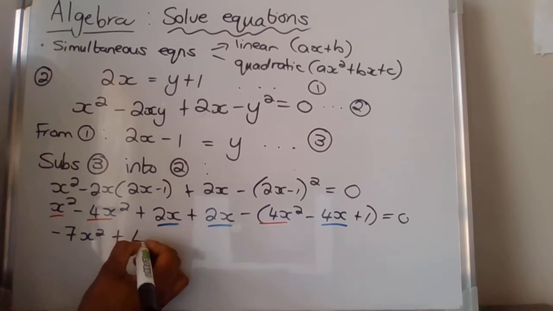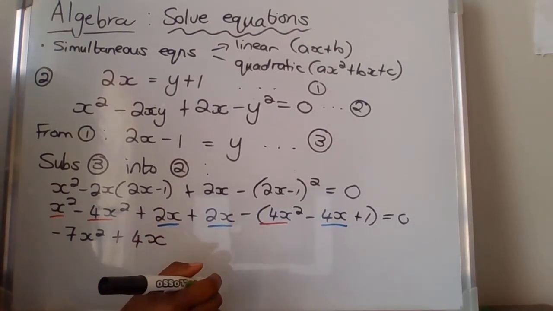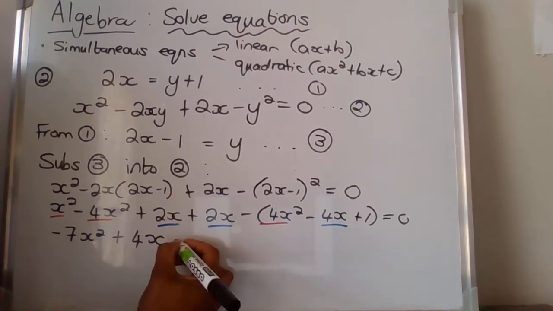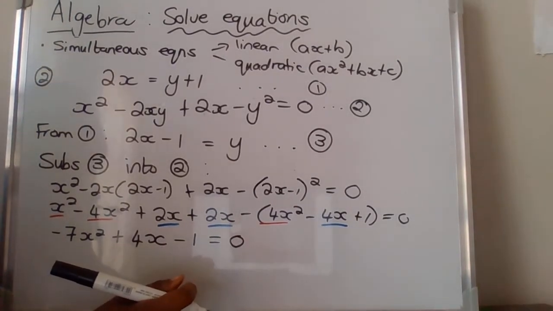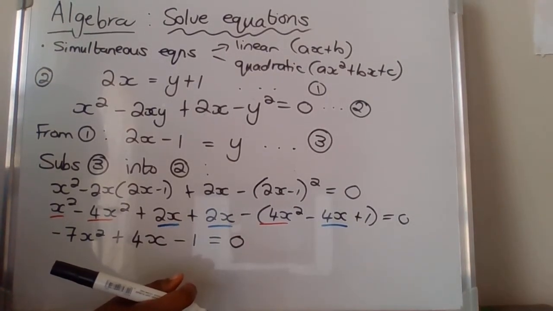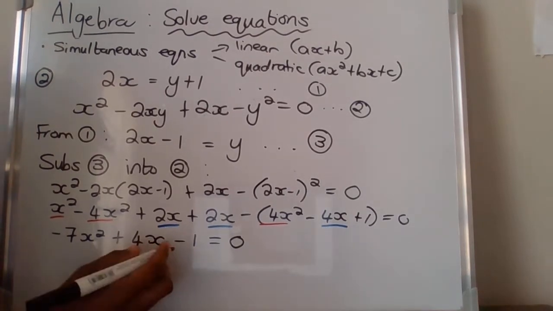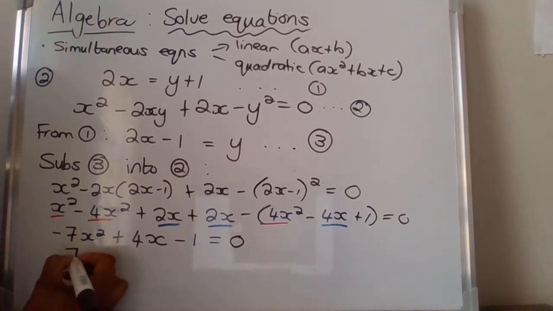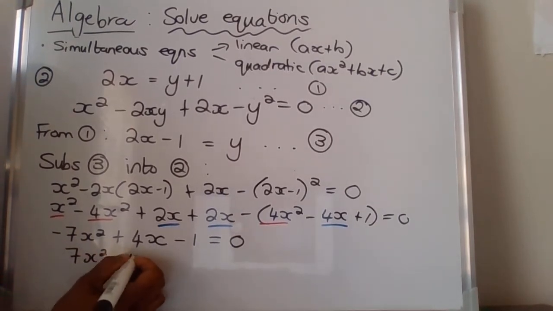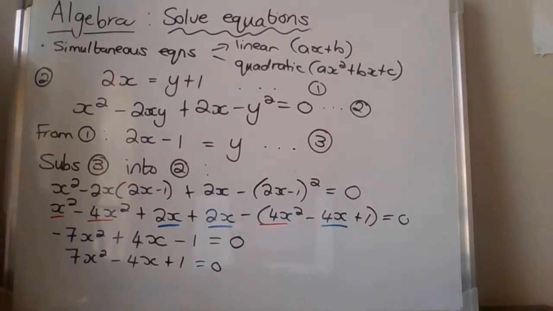Then I am left with plus 4x, and then I'm left with minus 1. So that's equal to 0. If I divide by a negative 1, then I have 7x squared minus 4x plus 1 is equal to 0.